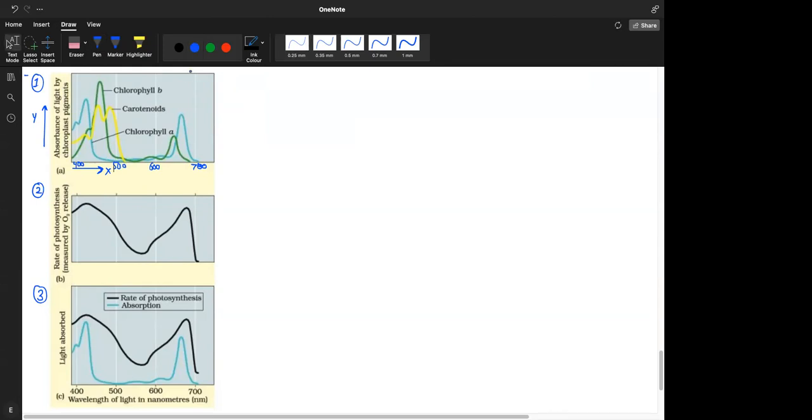So chlorophyll A absorbs the maximum blue light. This is around chlorophyll A, the blue colored line. Okay. This one, right? Yes, sir. So what does chlorophyll A absorb? Blue light.